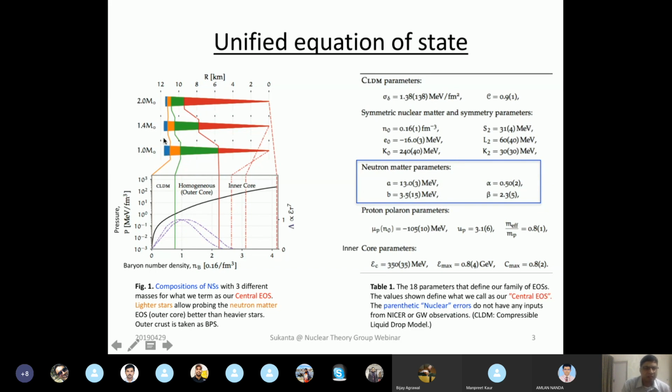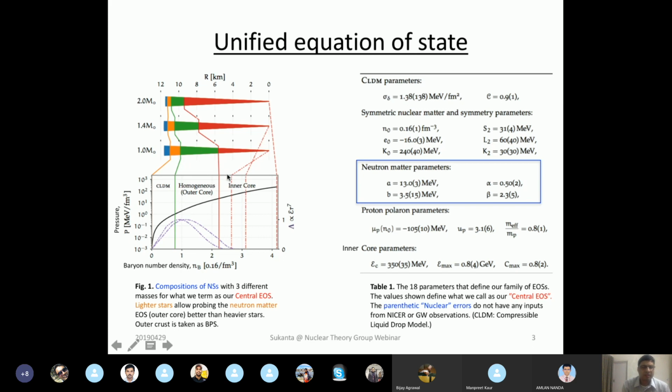Then in orange, our equation of state is modeled after the compressible liquid drop model. And I'm going to tell you a little bit about it in the coming couple of slides. Deeper in the neutron star, we have homogeneous neutron matter. This is essentially the region that is termed the outer core.